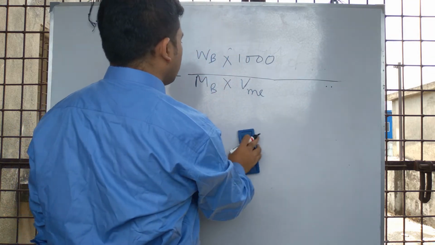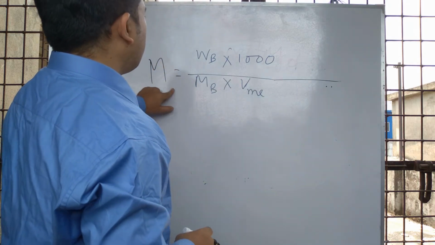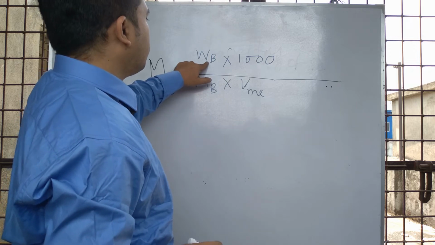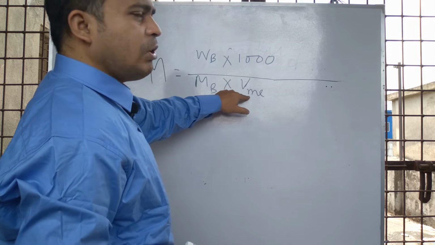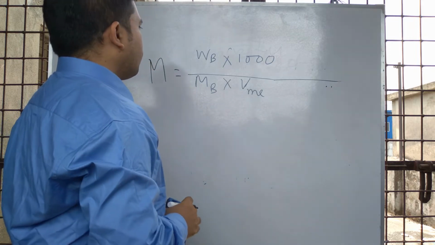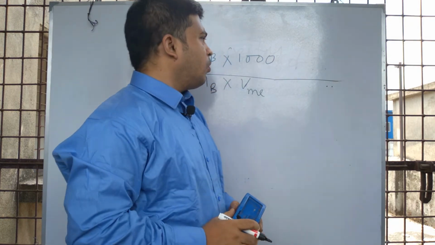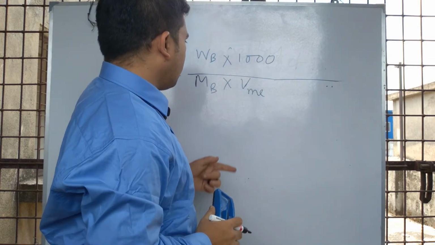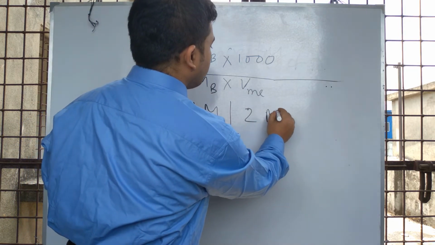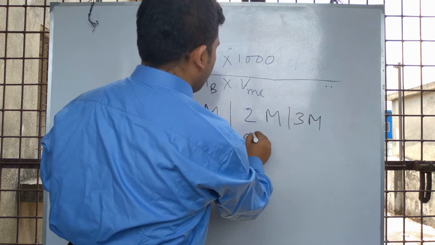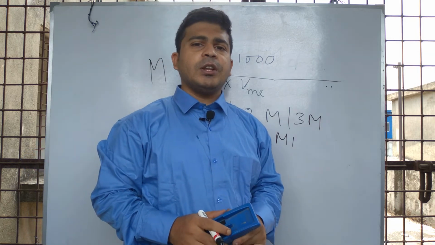Molarity of any solution can be calculated from this formula: Wb, weight of solute, Mb, molecular weight of solute, into 1000 by V in ml. Molarity is generally expressed in the form 1 molar solution, 2 molar solution, 3 molar solution, 0.2 molar solution.